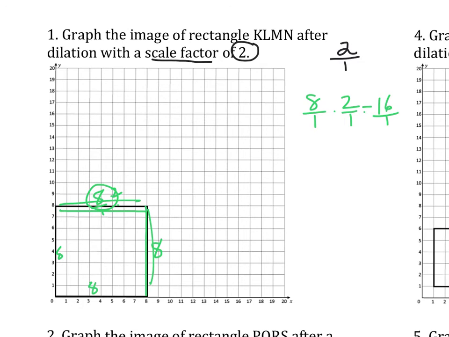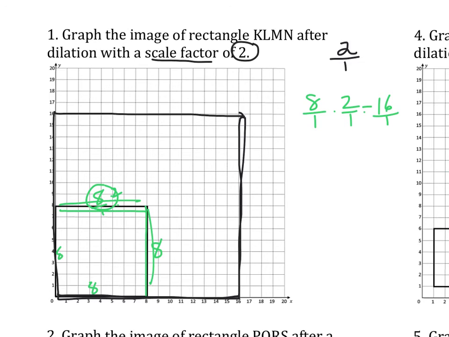Let's just do it down here. From here, 8 to 16, and up here to 16. And if you look at this, that would be double the size. From here to here is 16. From here to here is 16.